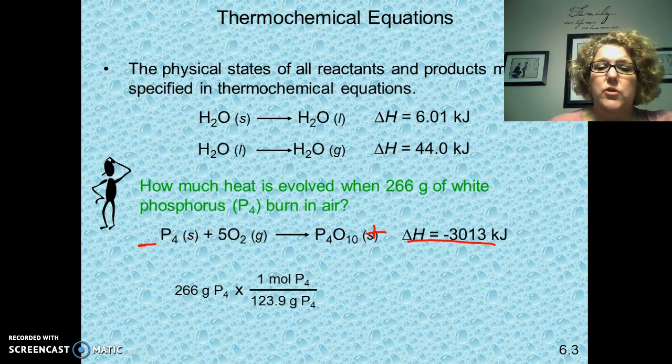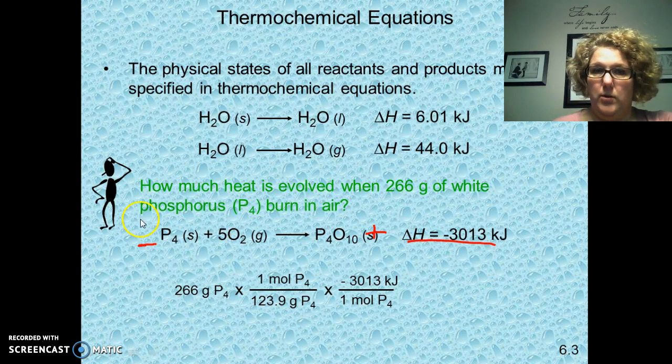And then, just like you can convert from moles of any substance to any other substance in the equation, you can convert from moles of any of these things directly to kilojoules, if you know the delta H. So my next conversion factor, I'm going to convert moles of P4 to kilojoules. And according to this thermochemical equation, for every 1 mole of P4, there's 3,000 kilojoules released. Okay, so that's a new style of conversion factor. Probably. I assume you haven't done this before.